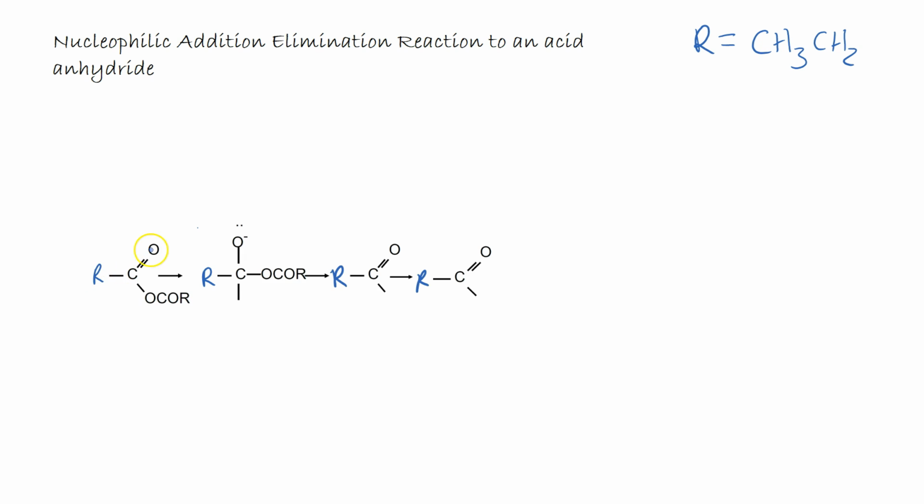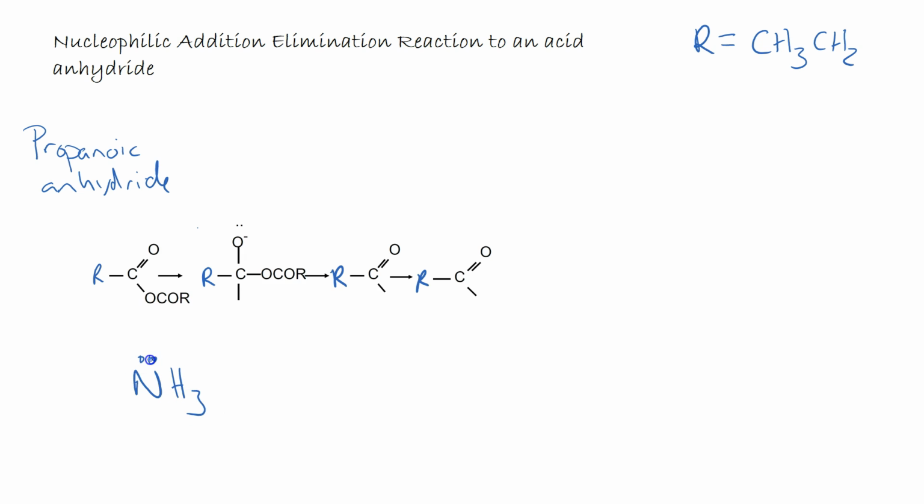First of all then, let's have a look at the addition-elimination reaction, and here we're going to use R, C double bond O, OCOR, where R is CH3CH2. So in this case we've got propanoic anhydride, and we're going to react that with the nucleophile of ammonia, NH3.